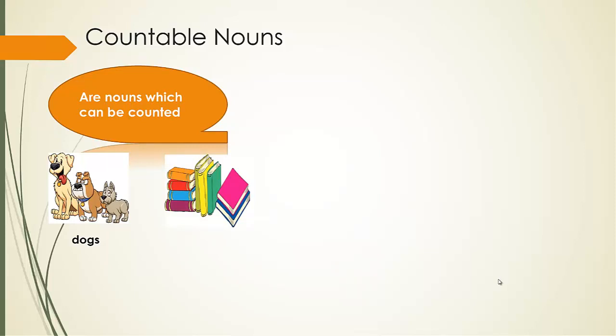Example number 2. This picture is about a box. I can say I have 1 box, or I have 3 boxes. So I can count them.